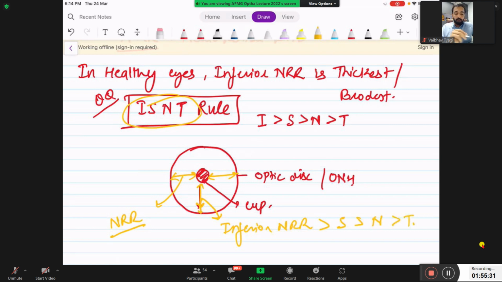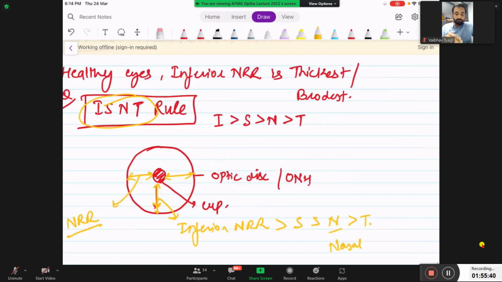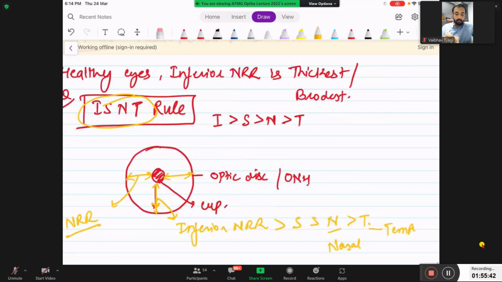It means the temporal rim is the thinnest one. N stands for nasal, T stands for temporal. Temporal NRR.